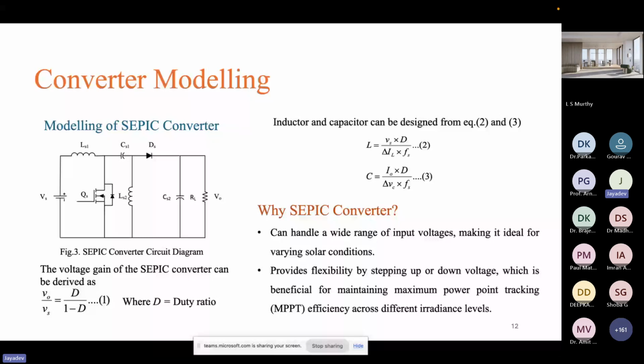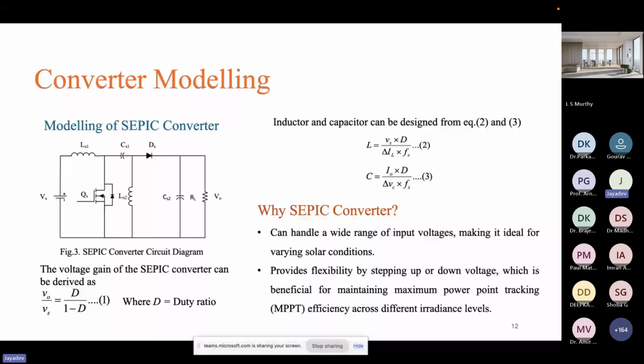Once you know the input voltage and your frequency, you have to find the ripple in inductor current. How do you do that? You choose a percentage of the current. As LS1 is connected to the source, you have to assume how much percentage of the source current will be your ripple current. Normally we choose around 20%.